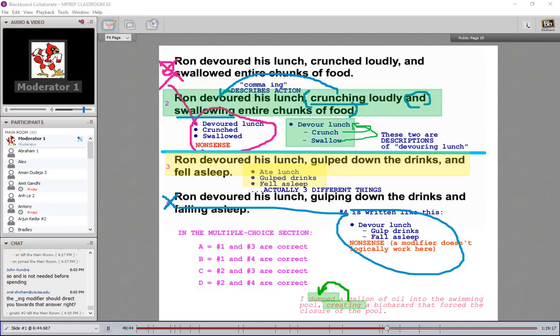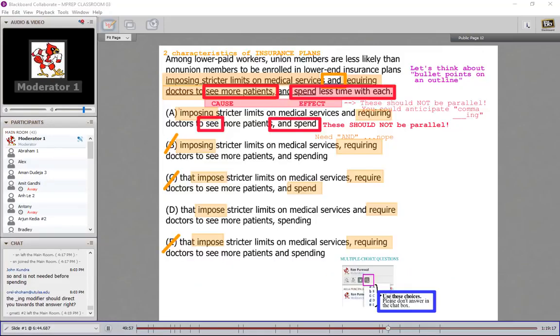Comma-ing can express that kind of cause-effect relationship: immediate, unavoidable effect. That's the same sort of thing that's happening here with these. Give me a smiley if that makes sense.